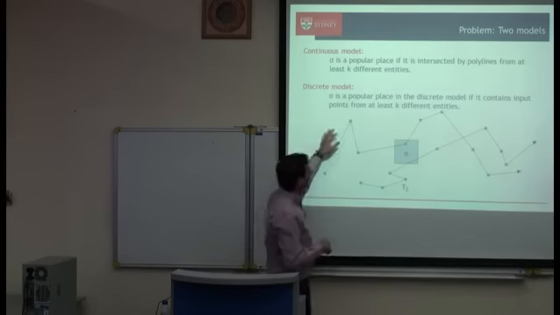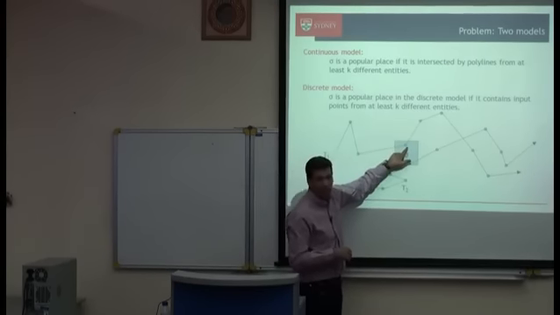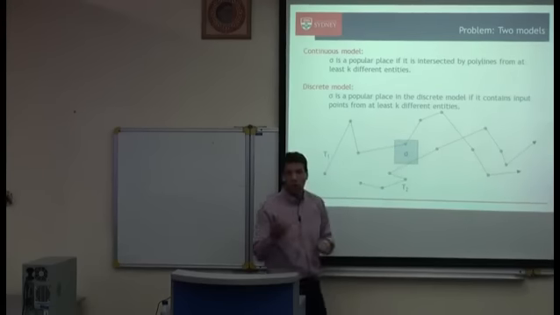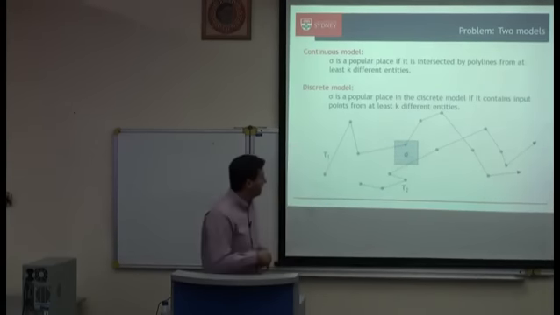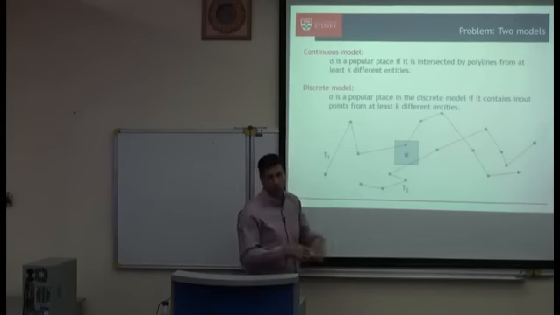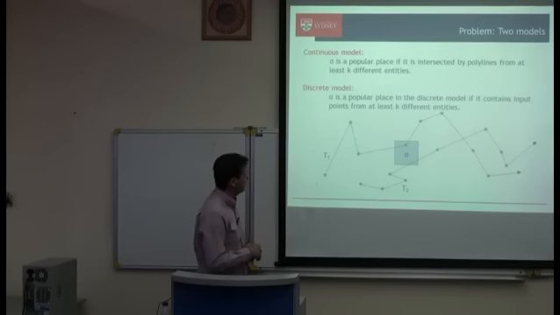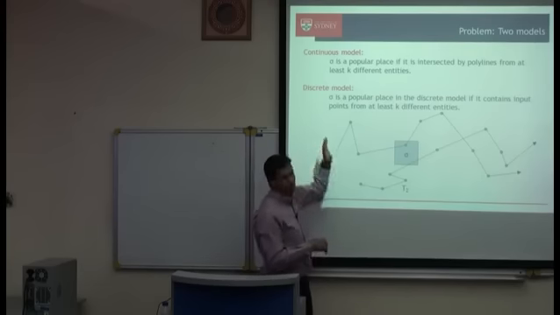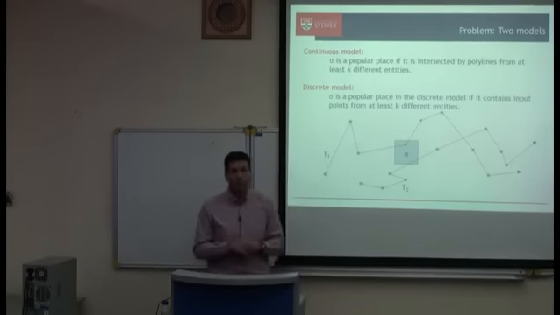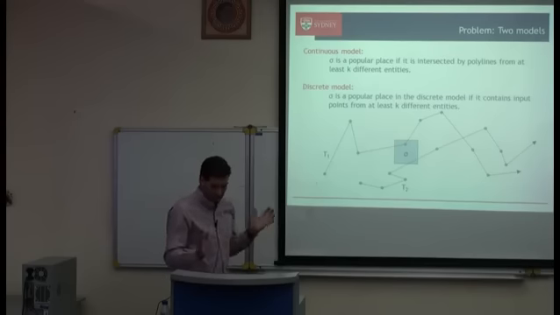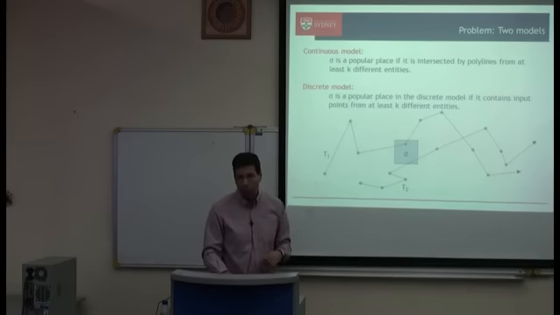While in the discrete model, we require that the popular place has to contain a vertex of the trajectory. The continuous model is much more general, and it allows us to use, for example, simplification. However, in general, the continuous model is much harder to handle. But I think at the end it's a much more useful model.